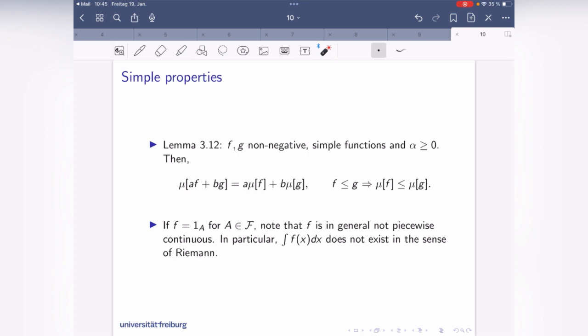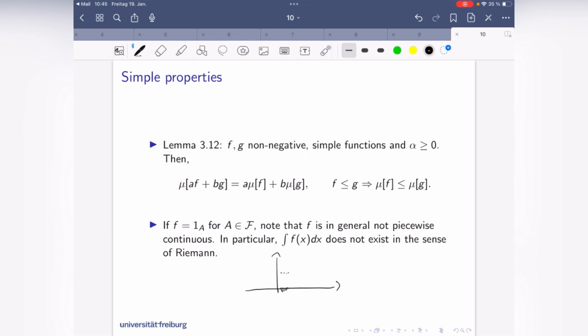One remark which is probably important. So A here is a measurable set, right? And the indicator function, well, does not need to be piecewise continuous. For example, A could be something like Q, the rational numbers. So, well, I cannot draw this.